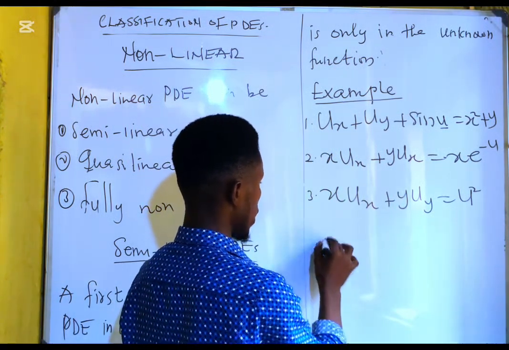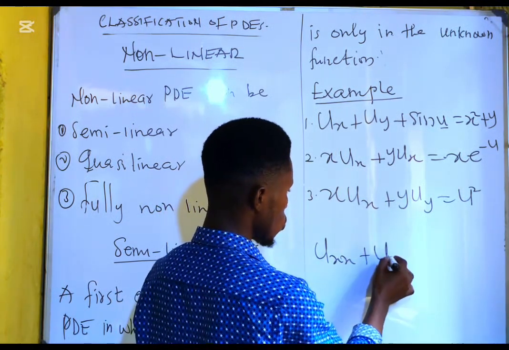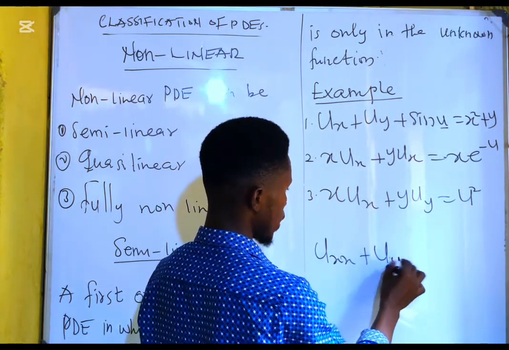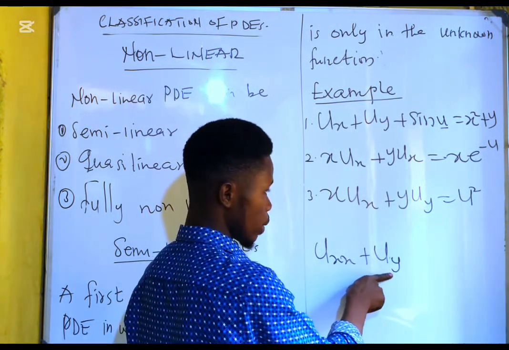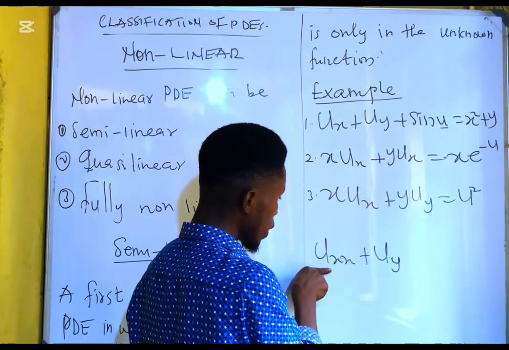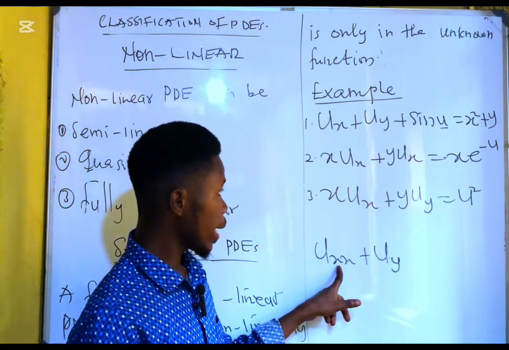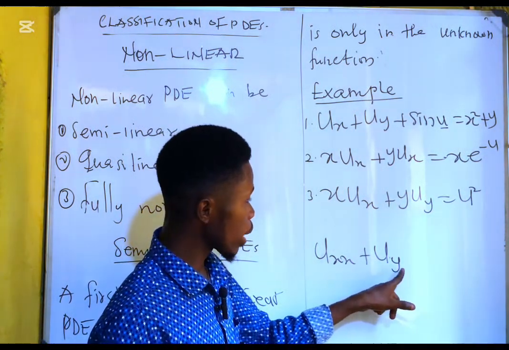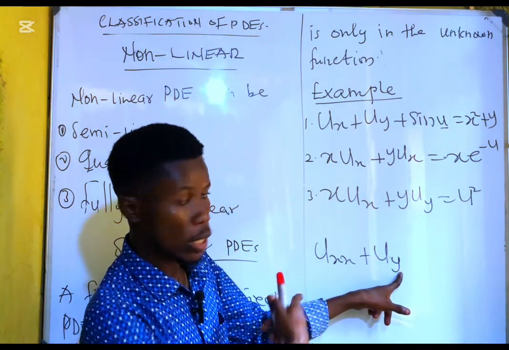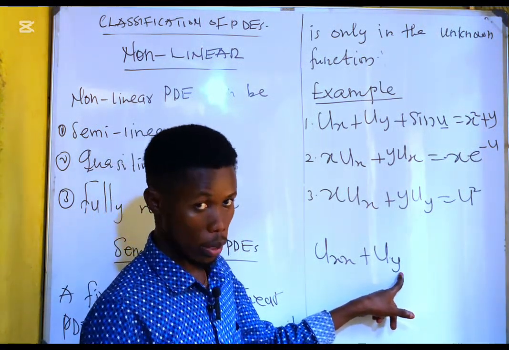If it's second order, like if I have uxx plus uy, though this is differentiated partially with respect to y, this becomes the unknown function because the highest order here is second order. We wouldn't know whether we are differentiating with respect to x or y. Do you understand what I'm trying to say?